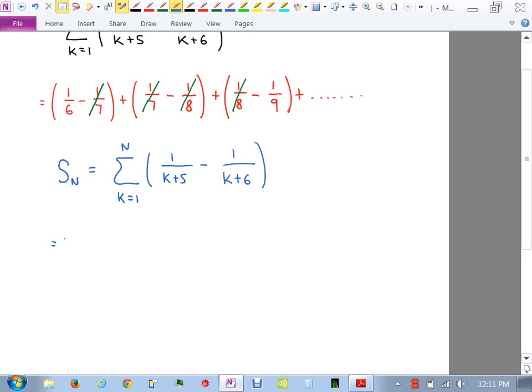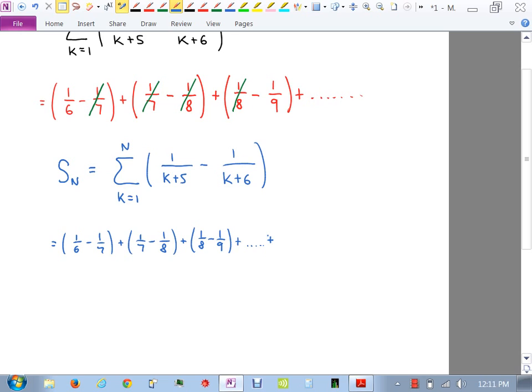So we know this is 1/6 minus 1/7 plus 1/7 minus 1/8 plus 1/8 minus 1/9 plus dot, dot, dot. Keeps going and going. But it stops this time, right?